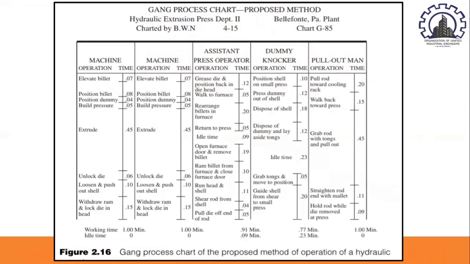As you can see, previously that was the present method, and this is now the proposed method. And the savings of 16 hours per shift was easily developed through the use of this chart. All right, I think that's a good place to stop.